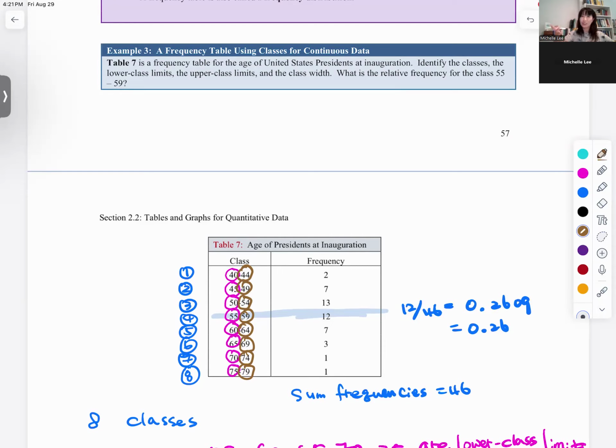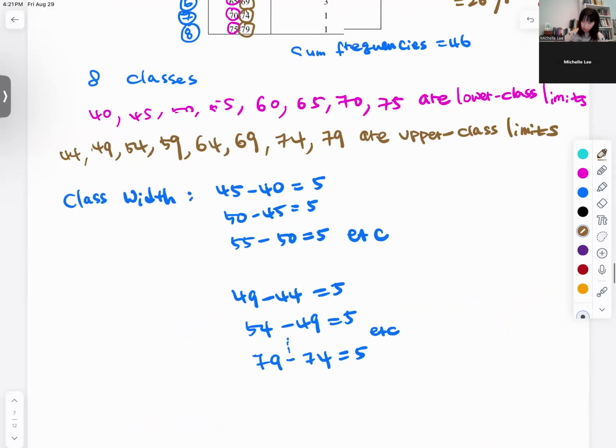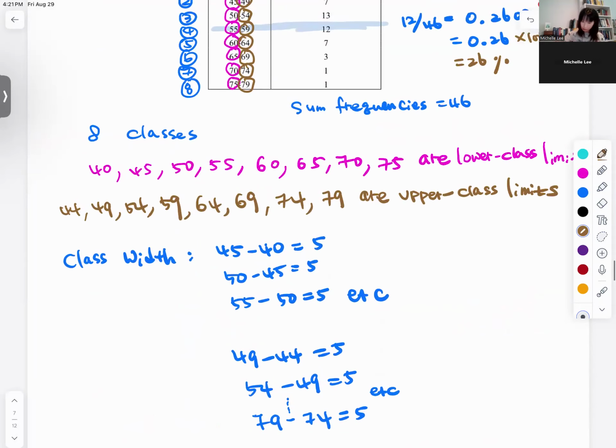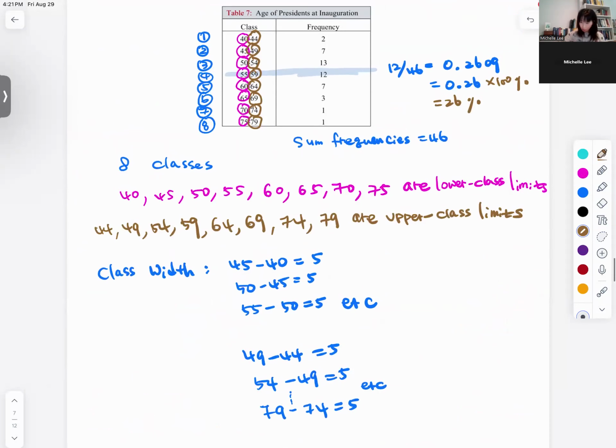If we convert it to a percent, times 100%, it's 26%. So we answered everything. You guys okay with this? New terminology, and we answered everything, right?